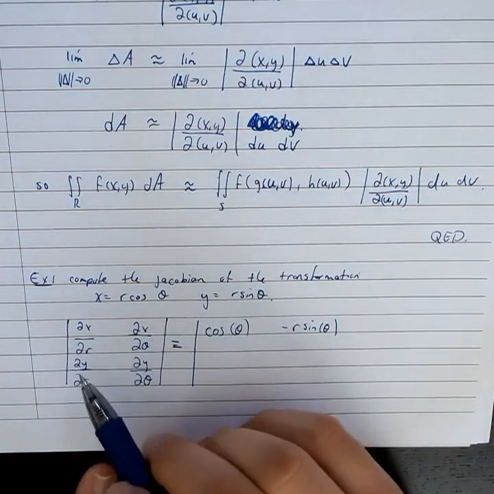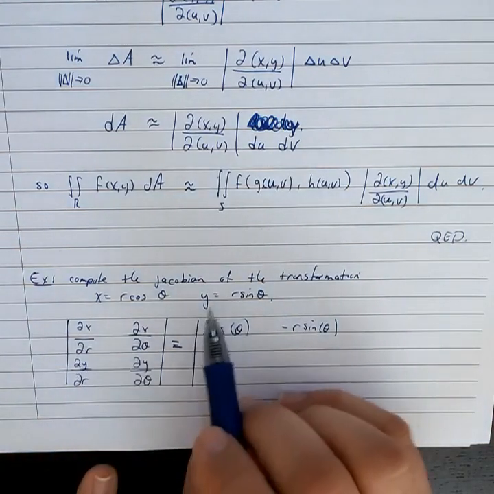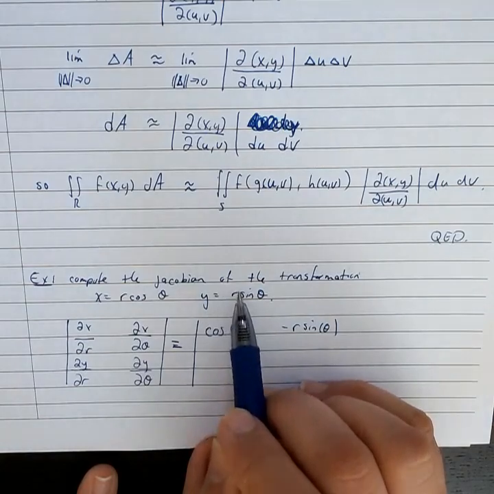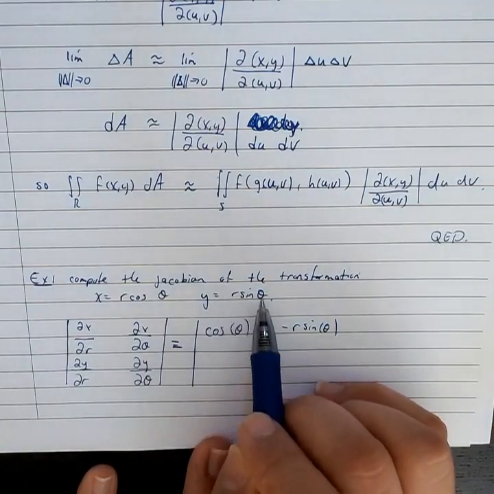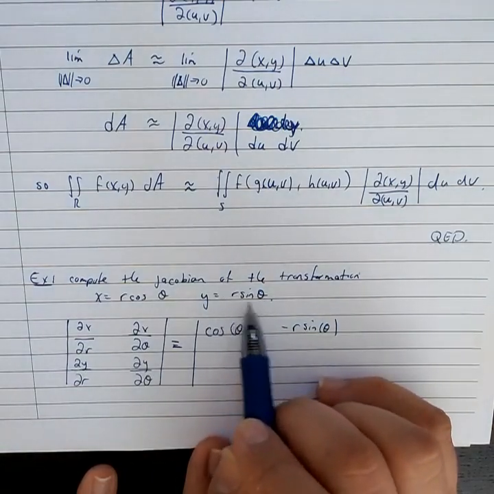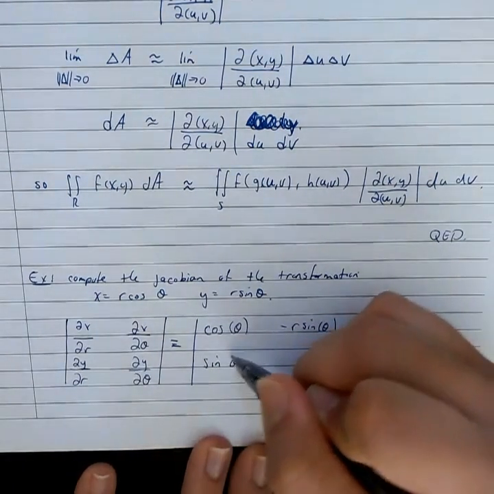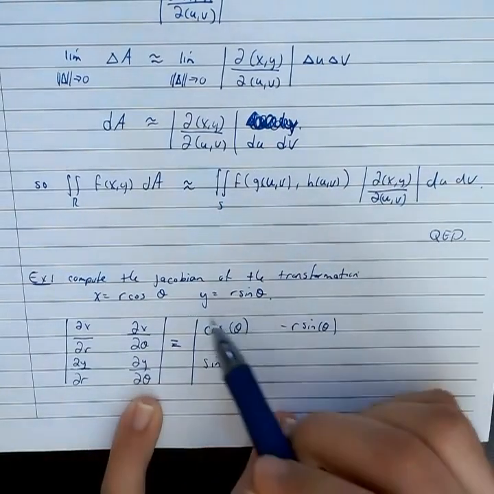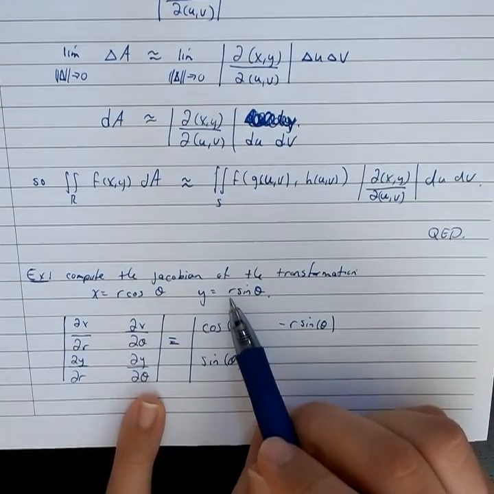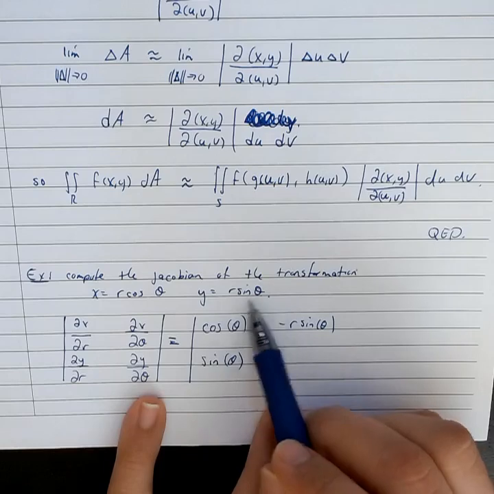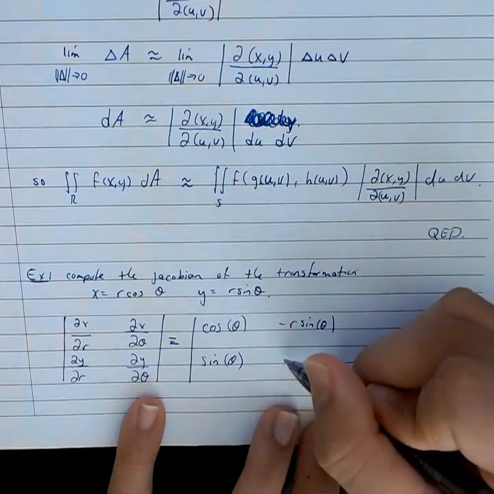Okay, the partial of y with respect to r, okay, well, r is a variable, that's a constant, and the derivative of a constant times r is just that constant. So that's going to give us sine of theta. And now the partial of y with respect to theta, okay, constant sine of theta, the derivative is constant times the cosine of theta.